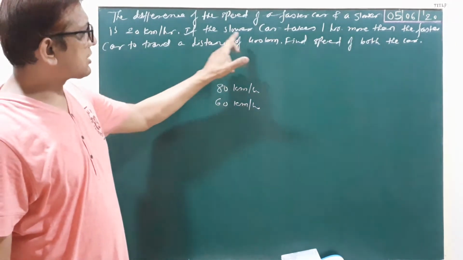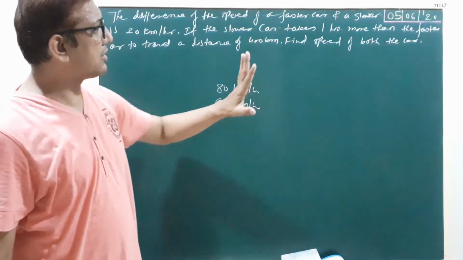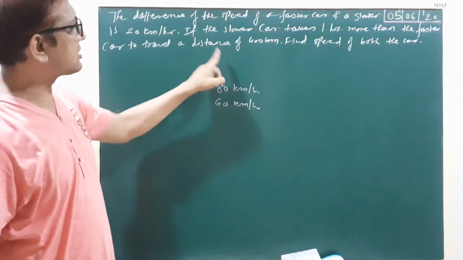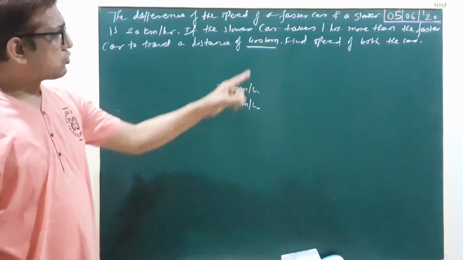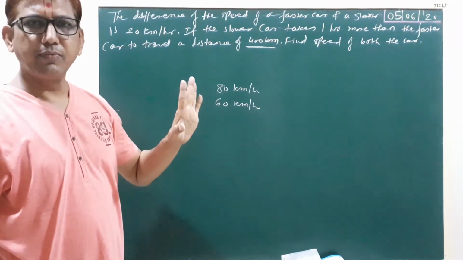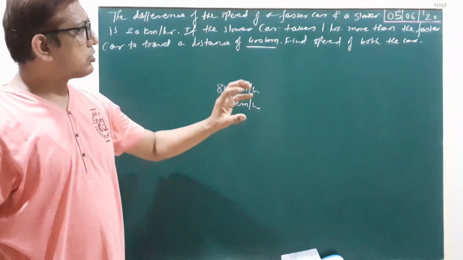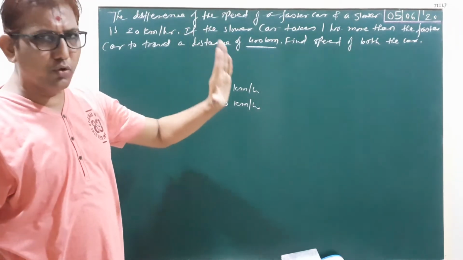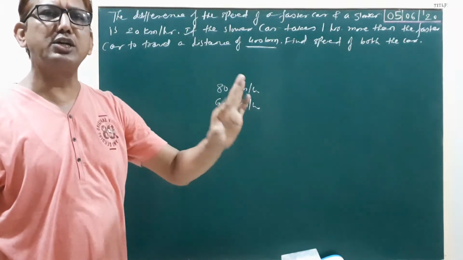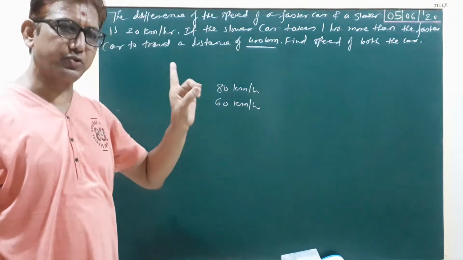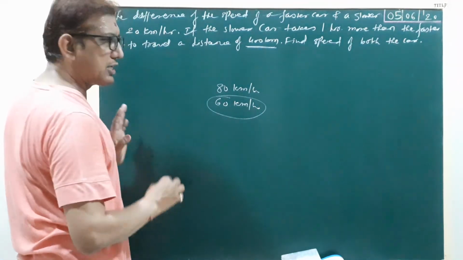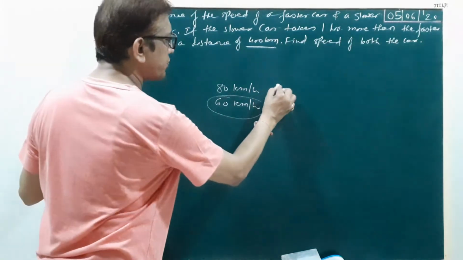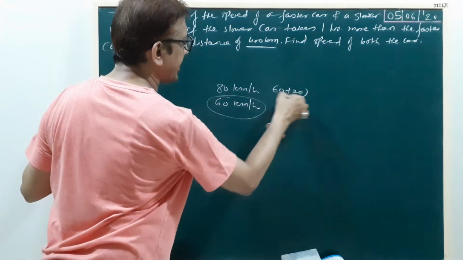If the slower car takes 1 hour more than the faster car to travel a total distance of 400 km, find the speed of both cars. You can suppose the speed of either the faster car or the slower car. Suppose we take the slower car speed as x km per hour, so the faster car speed is x plus 20.